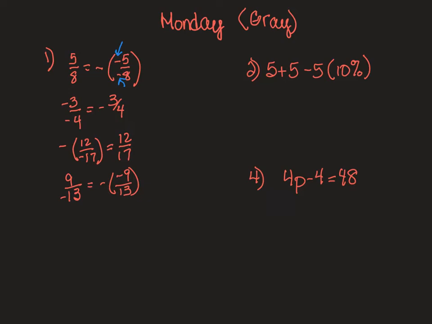Okay, so then it's negative, because the negative's outside the parentheses, positive 5/8. Okay? In the second one, I have negative 3 over negative 4, right? Two negatives. Do they get along? Yes. That's positive.